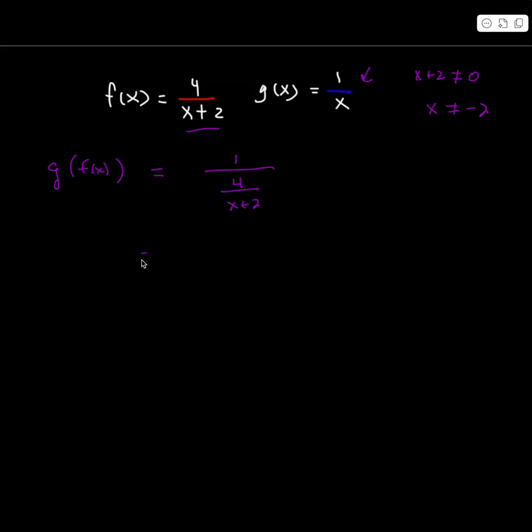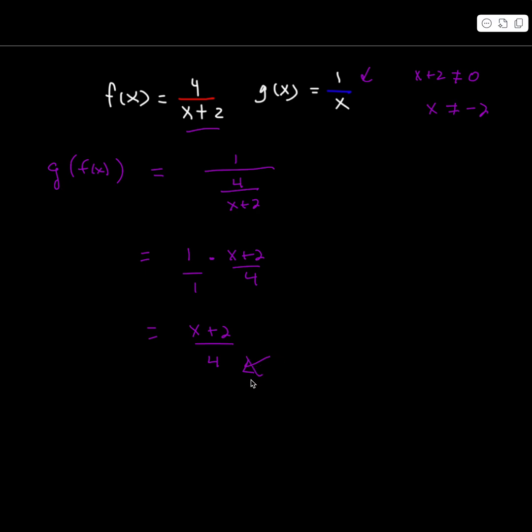So we're going to clean this up. So it's 1 divided by a fraction, so it becomes 1 times the reciprocal of that fraction, x plus 2 over 4, which ends up being 1 times x plus 2 is x plus 2 over 4. The only thing that can't happen with a fraction, the denominator can't be 0. It's always 4.